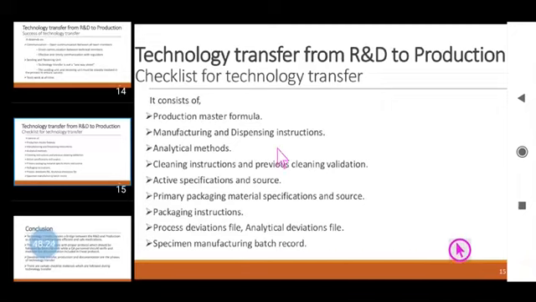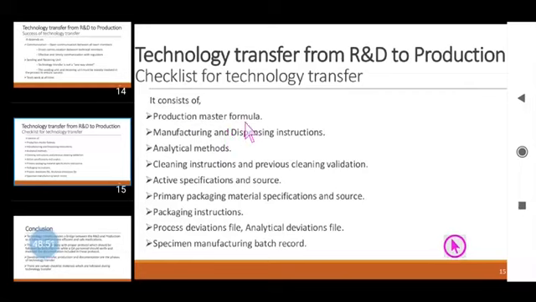So these are the important documents, we can say, or the procedures or the methodologies to be transferred, and all these things must be checked thoroughly and must be completed. Then only we can say there has been a successful transfer of technology.